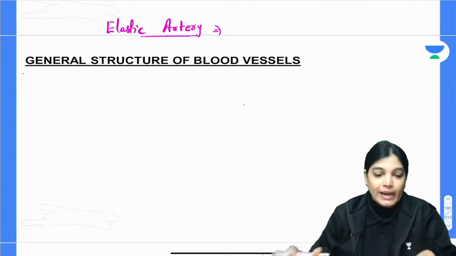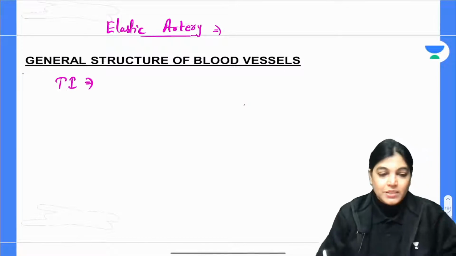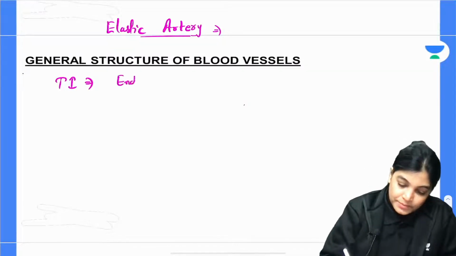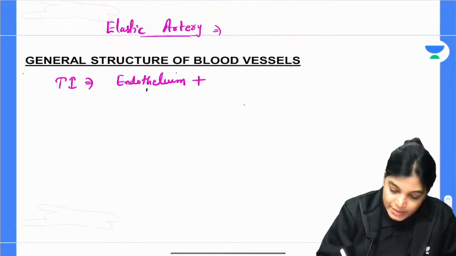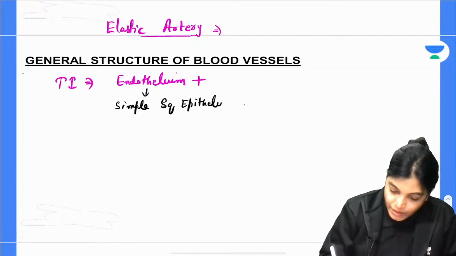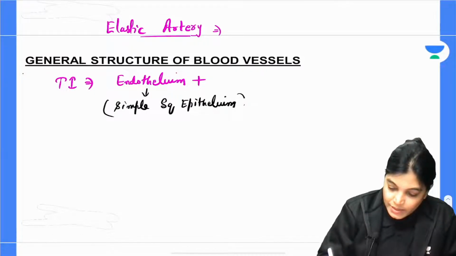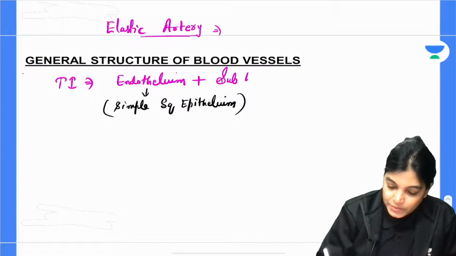The lining of the endothelium is simple squamous epithelium. What is the lining epithelium for endothelium? It is simple squamous epithelium, and along with endothelium, it also has subendothelial connective tissue.